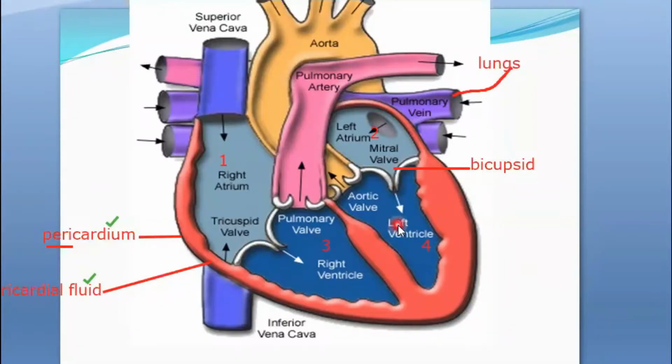Okay. These are the diagrams given in your textbook. If you feel some difficulty copying this diagram to your notebook, we can study another diagram.